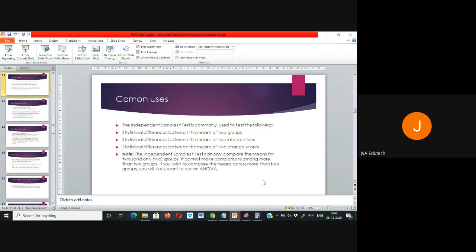Actually, student t-test is nothing but independent t-test, which is used to check the statistical difference between the means of two interventions, and also the statistical difference between the means of two scores. So the independent t-test can only measure the means for two groups. If you have more than two groups, then you have to move on to ANOVA.